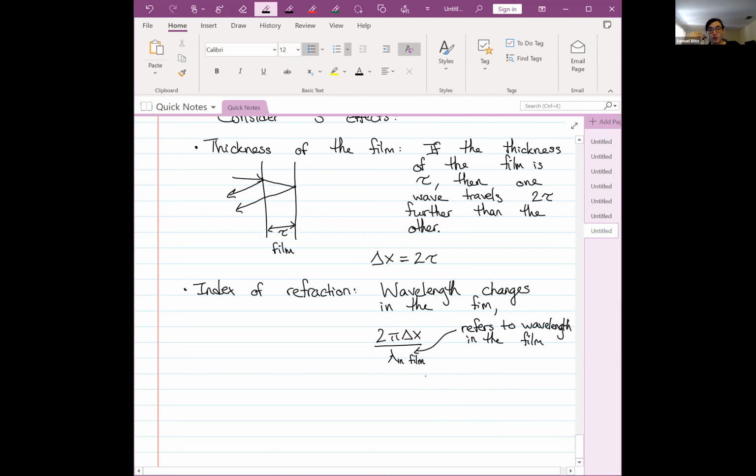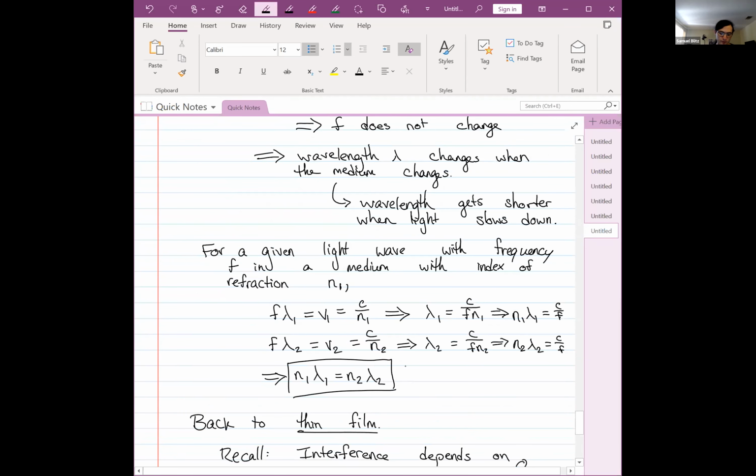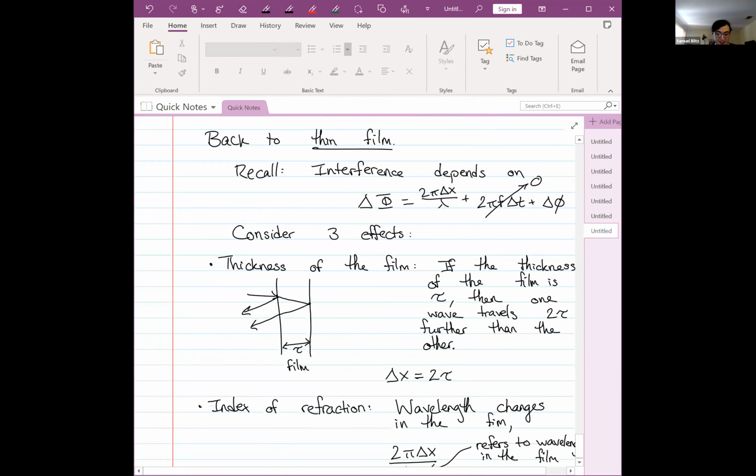And depending on how you were given the lambda, say you were told that the wavelength is 500 nanometers, but it's in water, and then it enters glass, then to find the wavelength in the glass, you'd have to relate it to the wavelength in the water by using this relationship above. Okay, so that's the second effect.